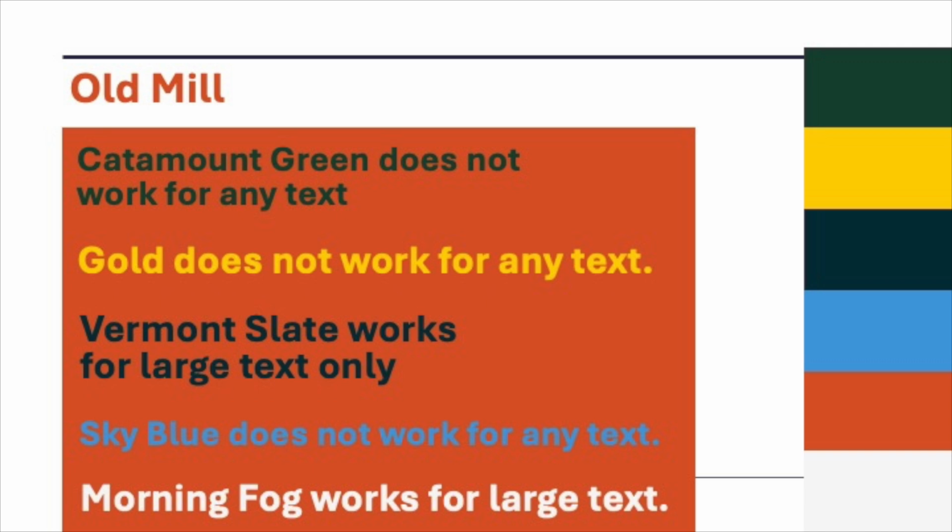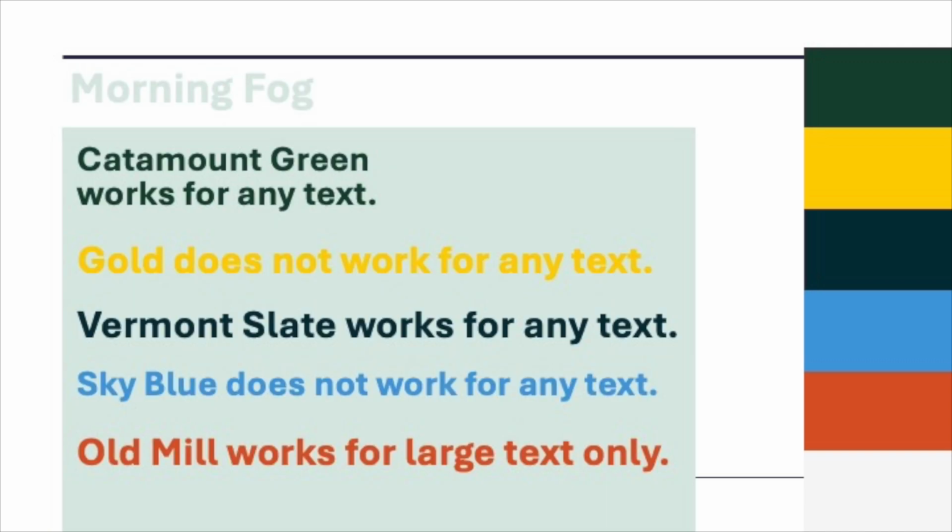So again, the orange elephant in the room is that this orange is pretty hard to work with in terms of text. There's nothing else in the UVM color palette that's going to work with an orange background for regular size text. So you might want to think about that when you're designing. And then finally, morning fog. Gold does not work.